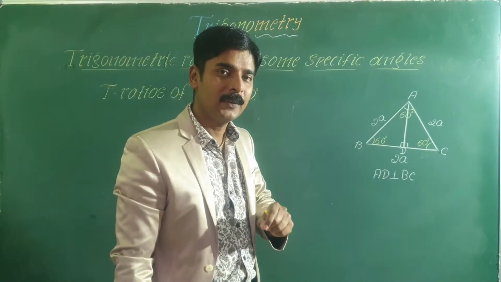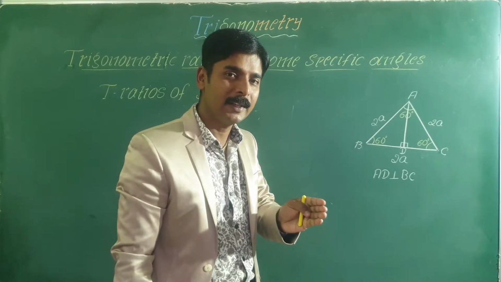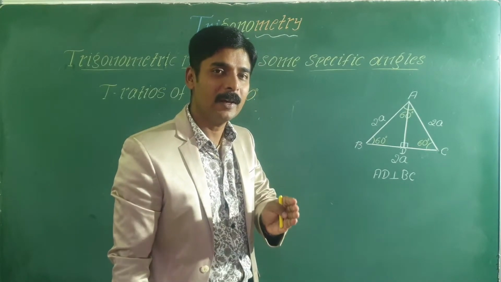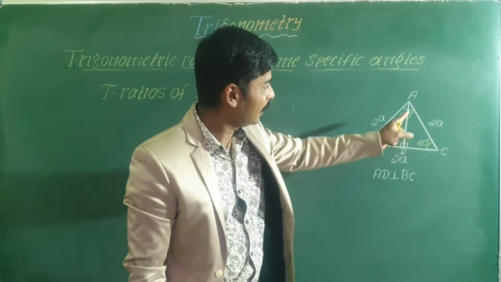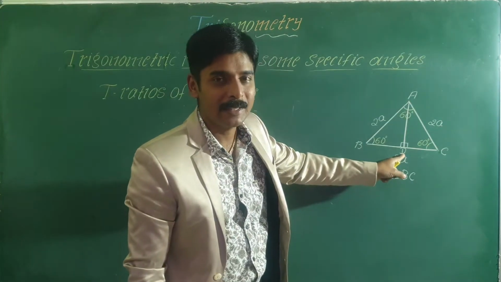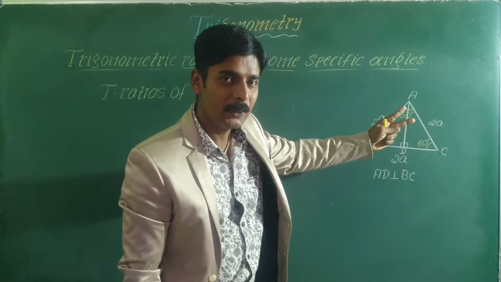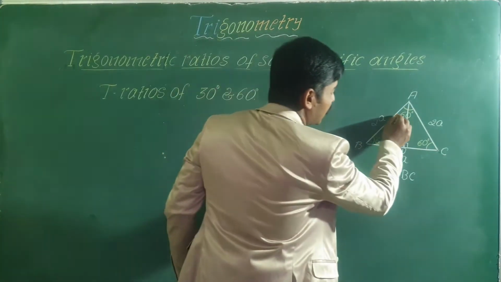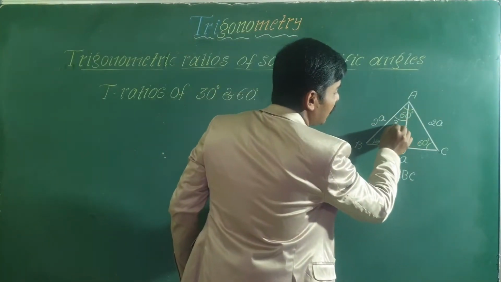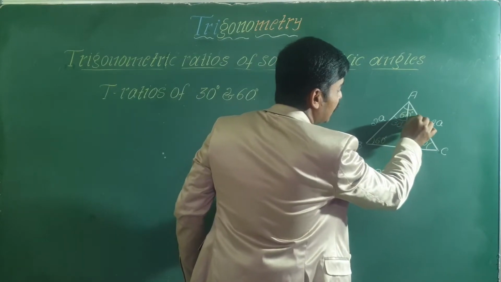A line which will divide a given angle into two equal halves. Here AD is the angle bisector. So this 60° is divided into two equal halves. Now each of this angle will be equal to 30°.